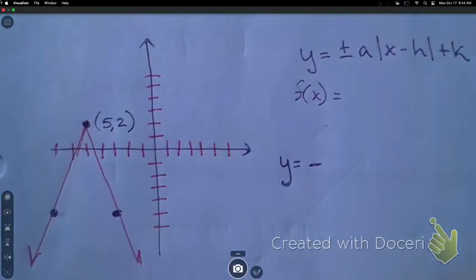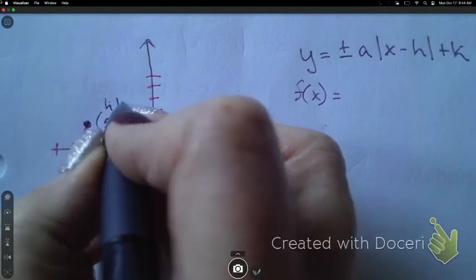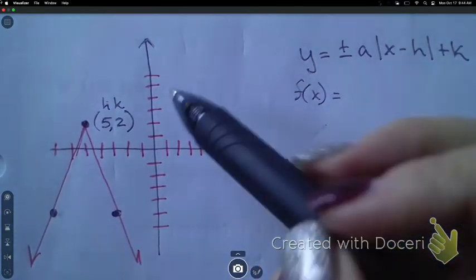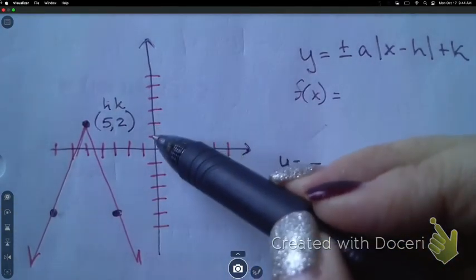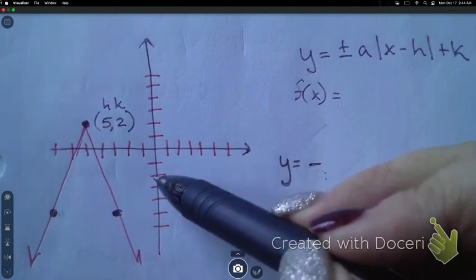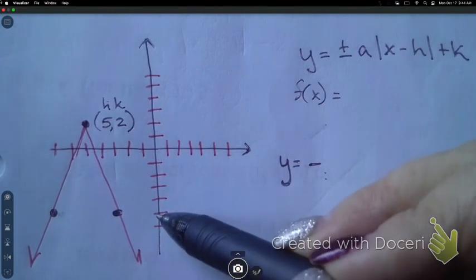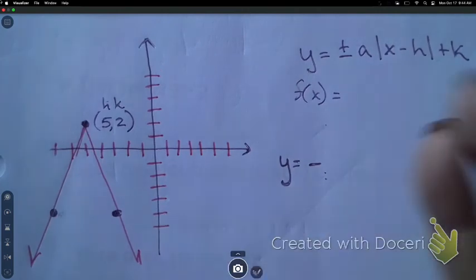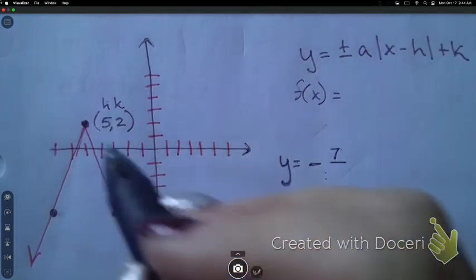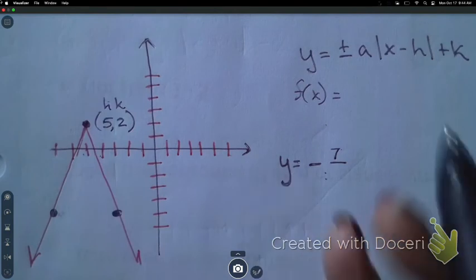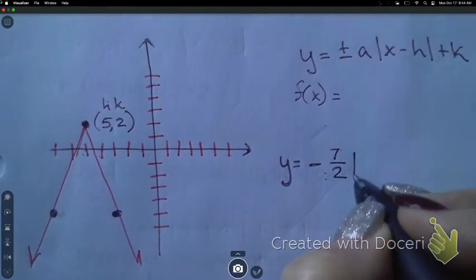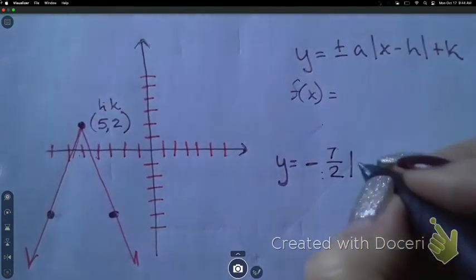So that's my h and my k, right? So let's find our a. Our a is going to be 7 over 2, and then absolute value of x.